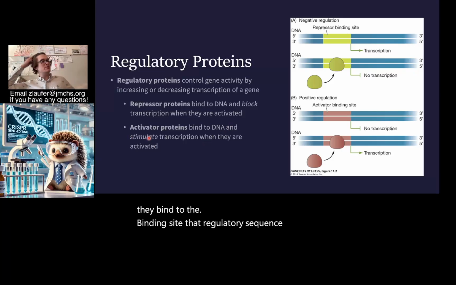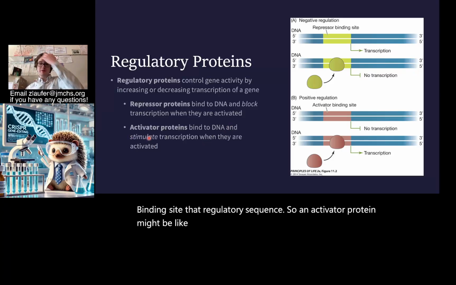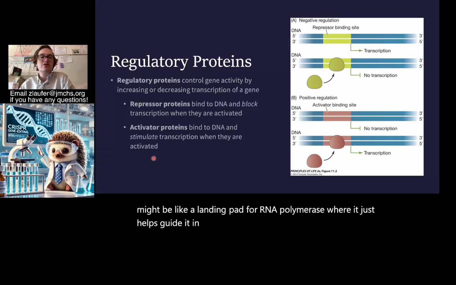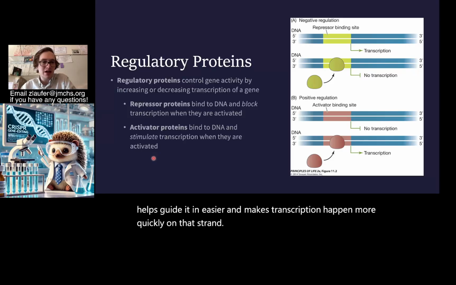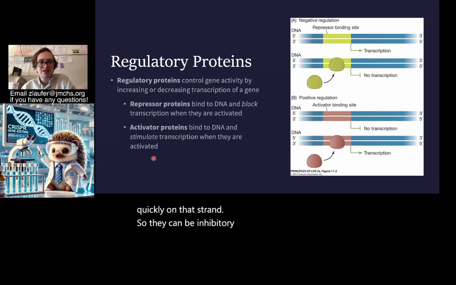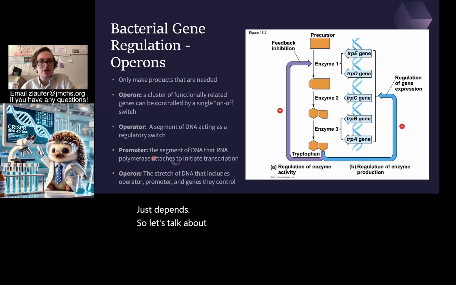So an activator protein might be like a landing pad for RNA polymerase, where it just helps guide it in easier and makes transcription happen more quickly on that strand. So they can be inhibitory, they can be stimulatory, it just depends. So let's talk about bacterial gene regulation.